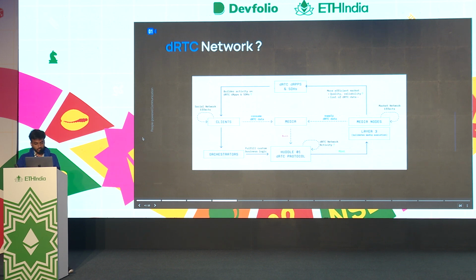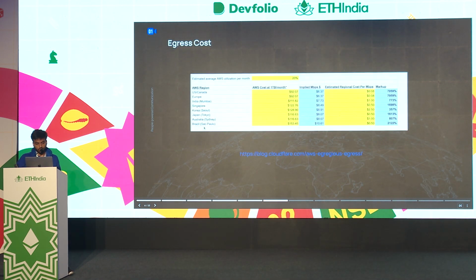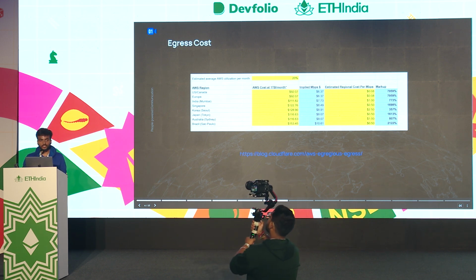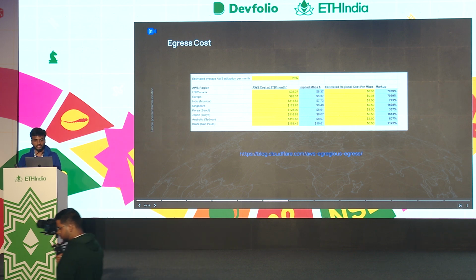Before deep diving into this network, I just want to explain why we build DePIN infrastructure. This is one example of egress cost. Egress is the data cost that every cloud provider, every server, every person who manages this public infrastructure charges you to take data in and send data out.